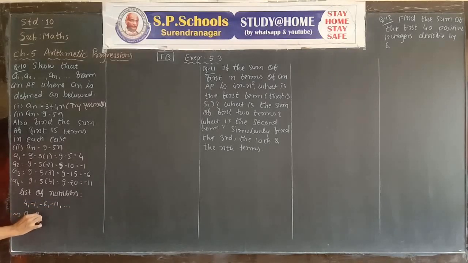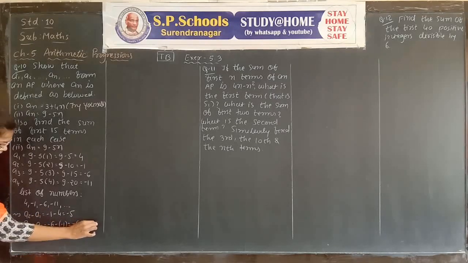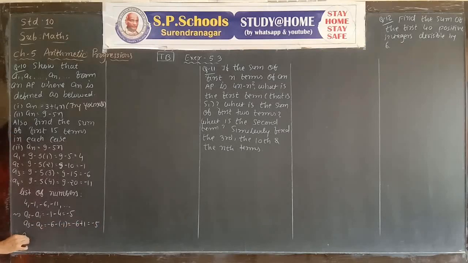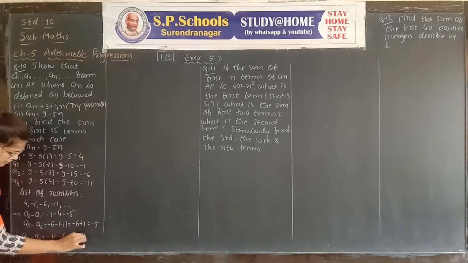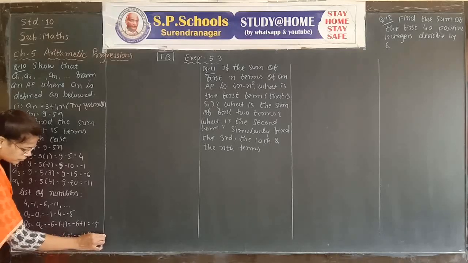A2 minus A1, minus 1 minus 4, which is minus 5. Now A3 minus A2, minus 6 minus of minus 1 is equal to minus 6 plus 1 is equal to minus 5. A4 minus A3, minus 11 minus of minus 6, minus 11 plus 6 is equal to minus 5.